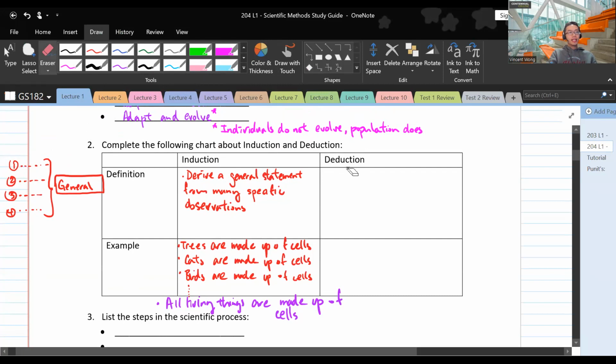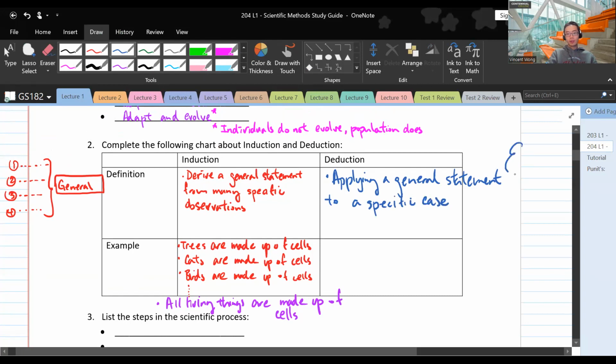Next one is deduction. Deduction is the opposite. It is taking a general statement and applying it to a specific case.